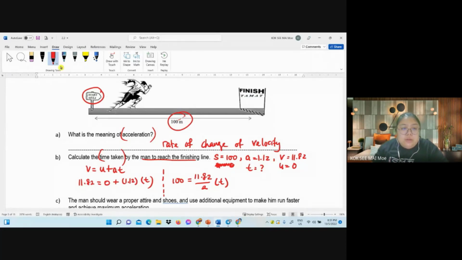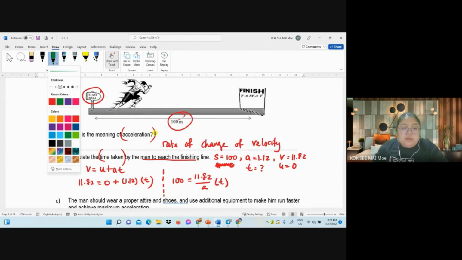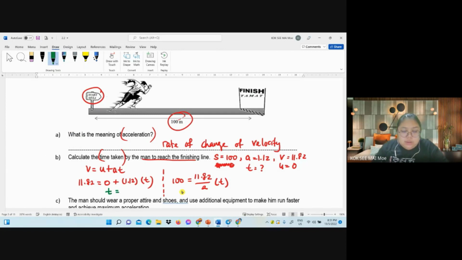Wait, we go to check. This one I get t equals 10.55. This is my answer. If I use the second formula for 100 meters, the answer is different: 11.82 divided by 2, then 100 over that answer, I get t equals 16.92.